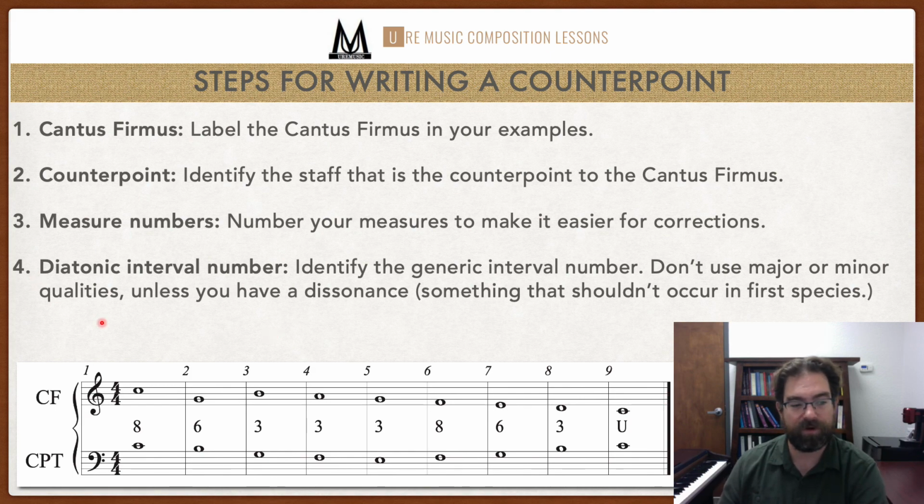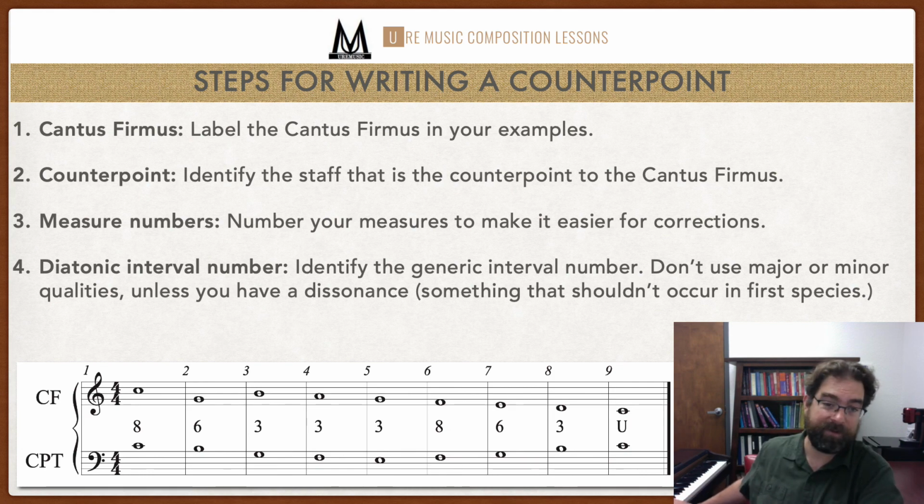The final thing you want to do is identify the generic interval number. So notice I didn't write P8, P6, M3, M3. I didn't do any of that. I just wrote the diatonic interval number. That's all we need. The only time you want to write a clarifier is if you have a dissonance, and you shouldn't have that at all in first species, but let's say you had a D and an A flat.